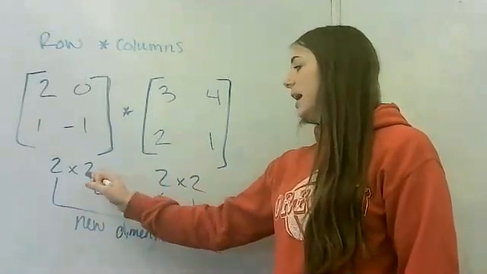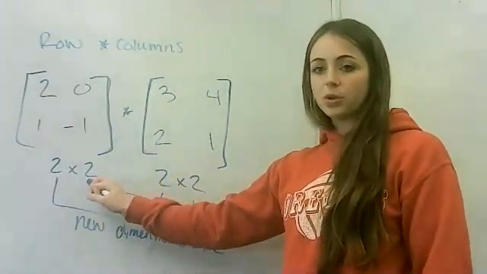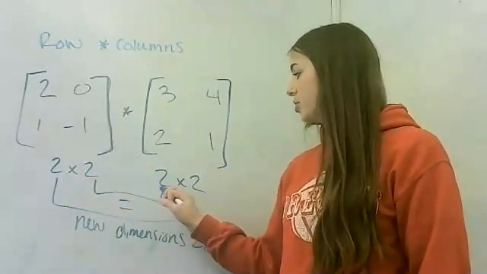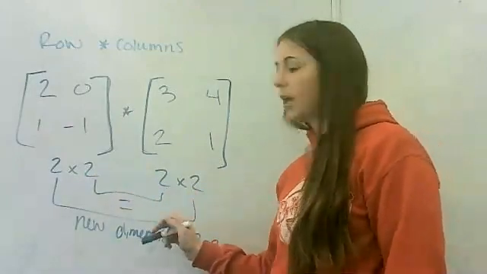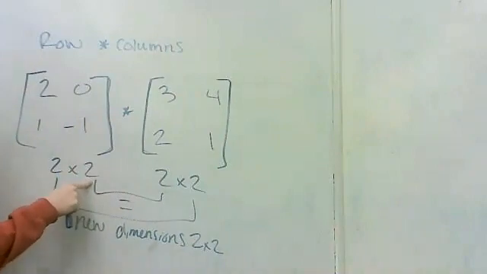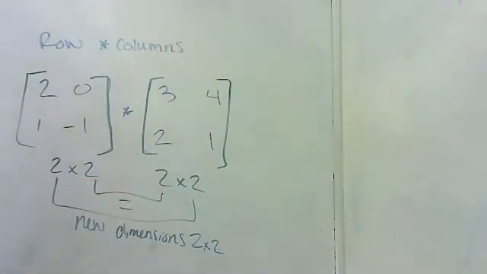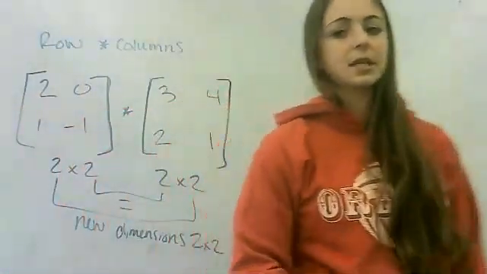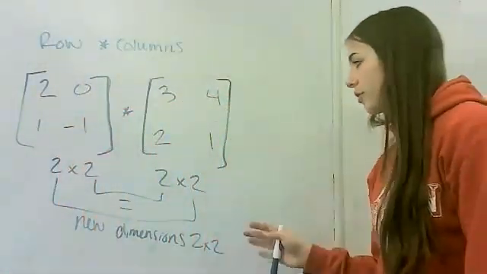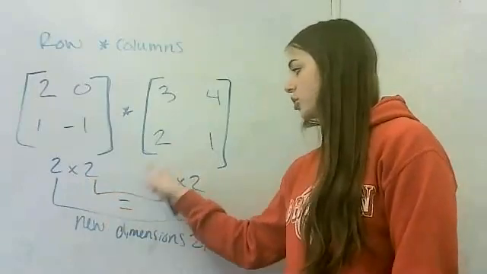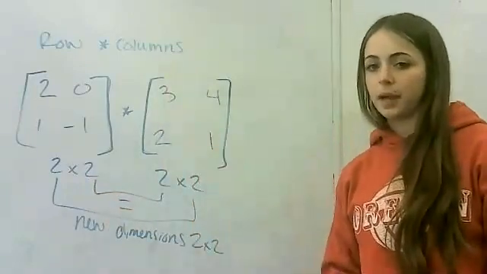If they can, it's because after writing those 2 dimensions, their middle terms are equal. So in this case, I have to have this term equal to this term. If they were not equal, I would not be able to multiply these 2 matrices together. Okay, so we want to double check for that first. Are these terms equal? Cha-ching, they're equal, so I can go ahead and multiply them.